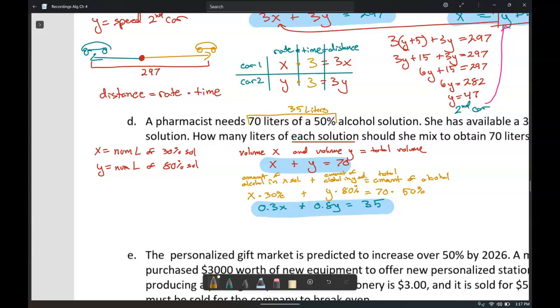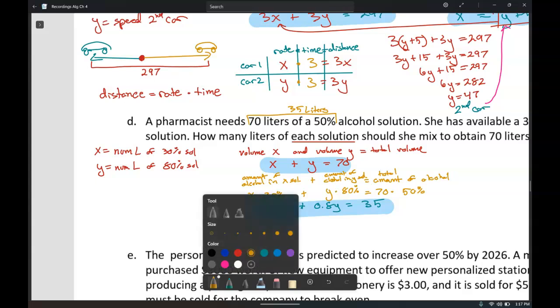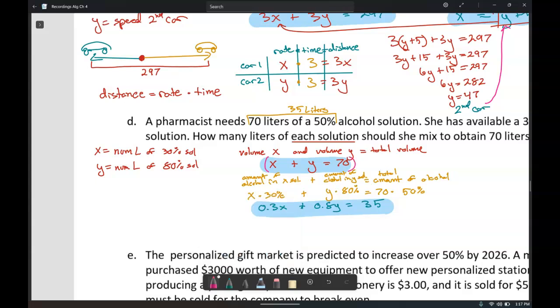Since both of the equations are in standard form, whichever variable I want to eliminate, either x or y, I can multiply our first equation up here by the opposite of one of those coefficients, such as negative 0.3. So that ends up giving me negative 0.3x minus 0.3y equals negative 21. And now that I have that, I can go ahead and add these equations together.